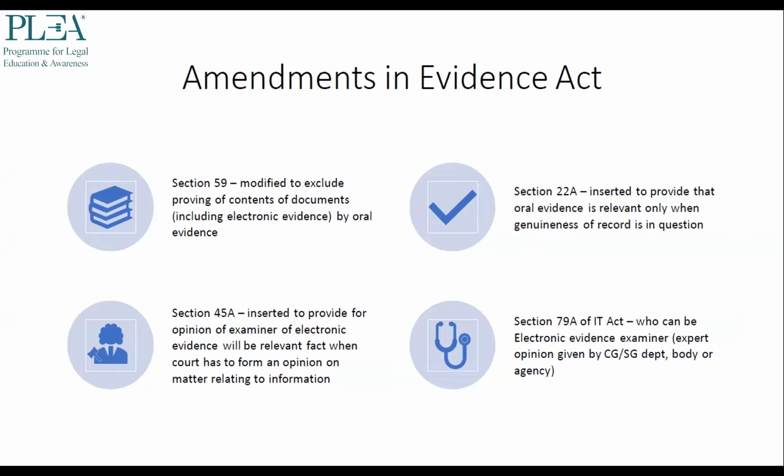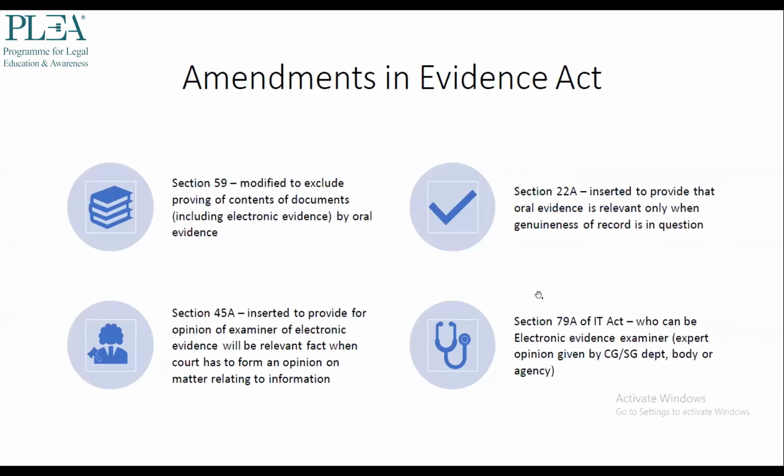Say, for example, I am the cyber expert. I have done everything. I have given, say, a certificate or relevant information to the prosecution, that's the police. But then I will be called again by the court to say, yes, this is my sign. Yes, this is what I had given, to validate it. So that's the oral evidence I am giving in the court to prove that, yes, this is the document that I have certified and I have validated.